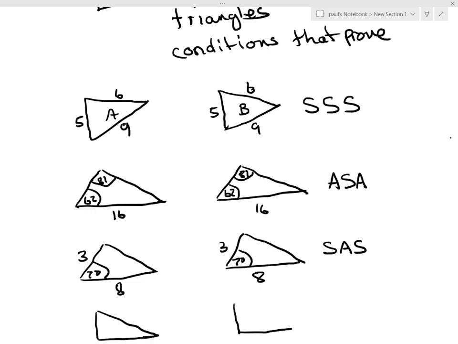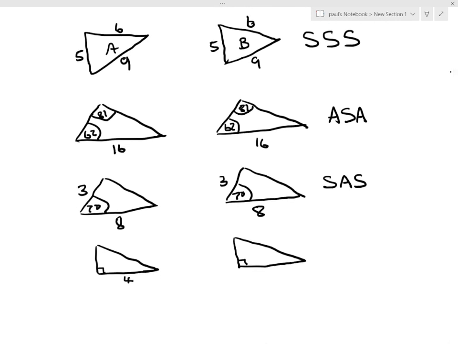And the last one, just a wee bit different with the letters. It's pretty much the same as side, angle, side, but this is going to be a right angled triangle, and we'll have 4, oh, let's come up a little bit, 4, 5, 4 and 5.